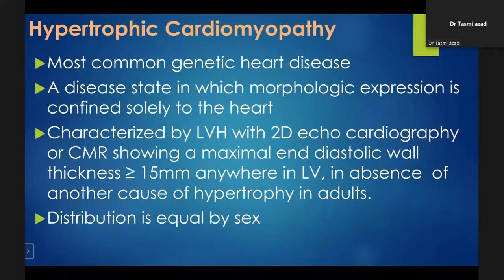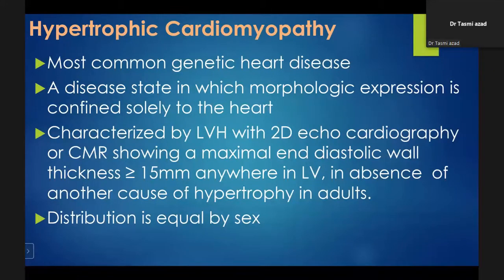They defined it as left ventricular hypertrophy which is asymmetrical, diagnosed by 2D echocardiography or cardiac MRI, showing maximum end diastolic wall thickness of 15 or more anywhere in the left ventricle, in the absence of another cause of hypertrophy in an adult, like any cardiac disease, any systemic disease, or any infiltrative disease. They mentioned this in the guideline as the definition of hypertrophic cardiomyopathy.